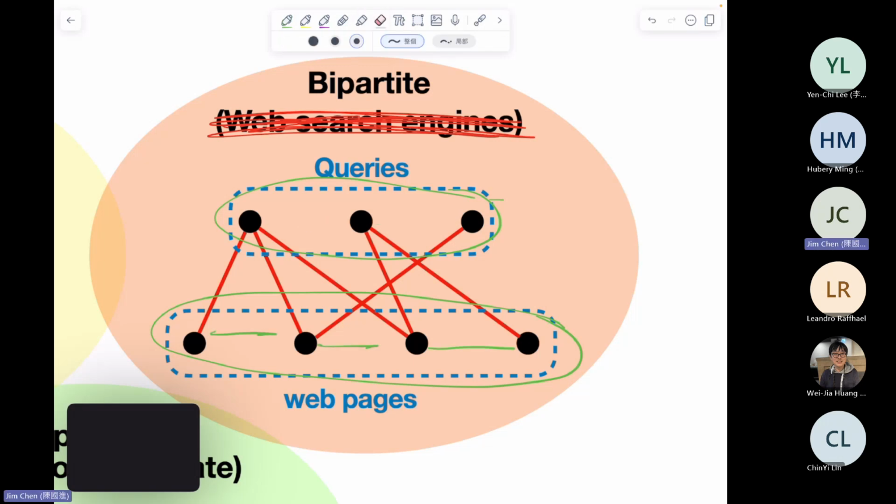There's no such edge. So the edges can only be found connecting vertices belonging to distinct components. So if a graph can be decomposed in such a manner, then we call the graph bipartite.